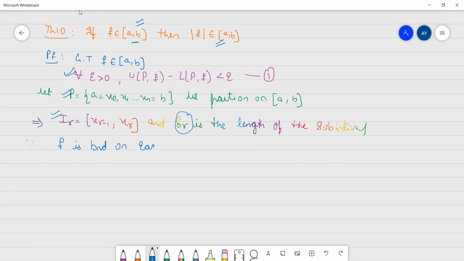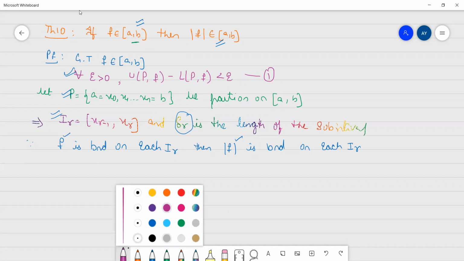Then mod f is also bounded on each Ir. If f is bounded, mod f will also be bounded on each Ir. Now we have to talk about supremums and infimums. So let us look into that.